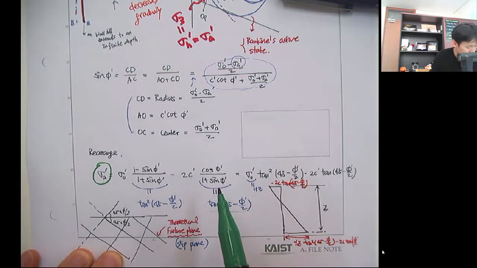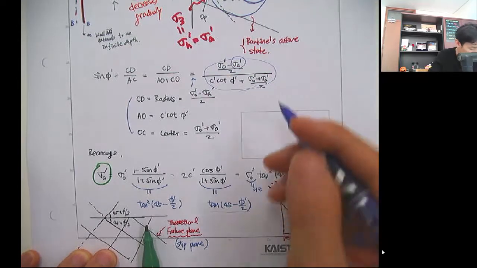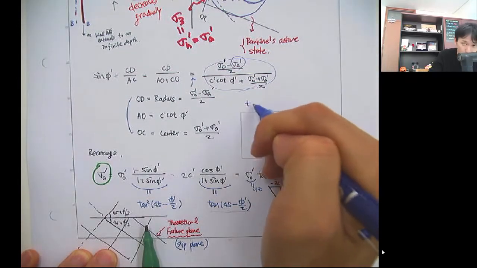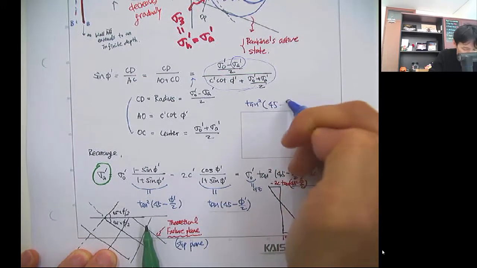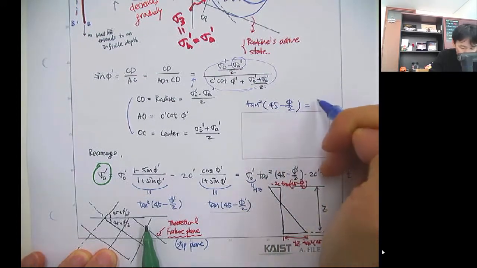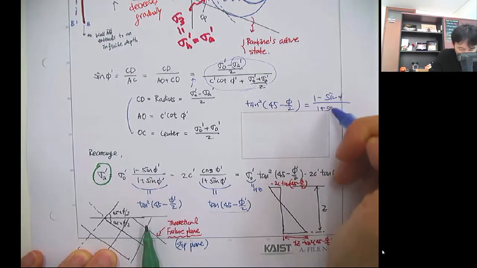And we know that tangent squared of 45 minus phi over 2 is the same as 1 minus sine phi over 1 plus sine phi.